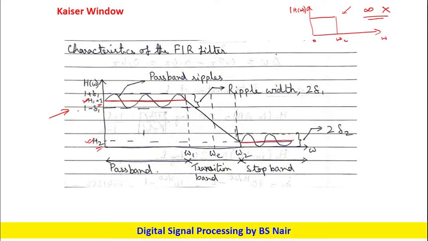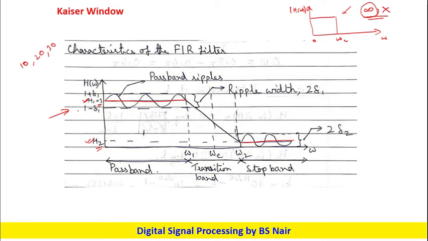Now, as I was telling, it is not possible to have an infinite number of sinusoids to recreate that filter. So we are basically having, say, a 10th order filter, or 20th order, or 30th order filter. In between also it's possible. Whatever order you want to fix, you can get that.